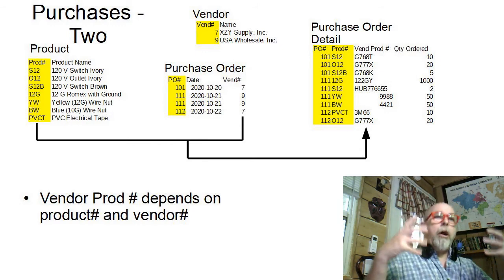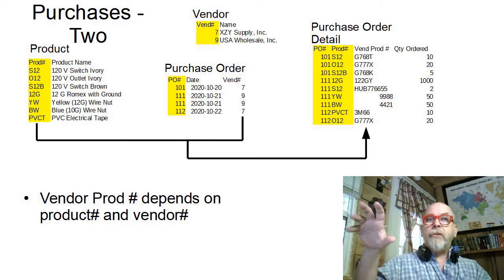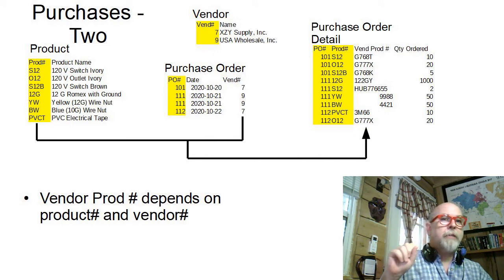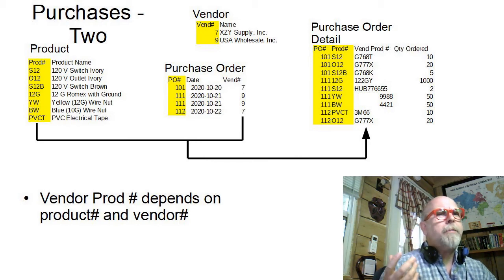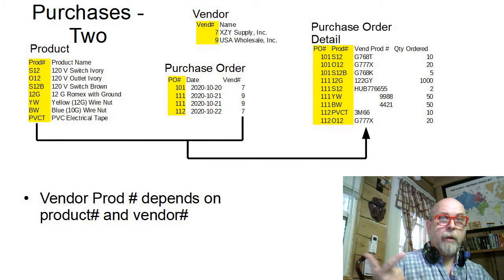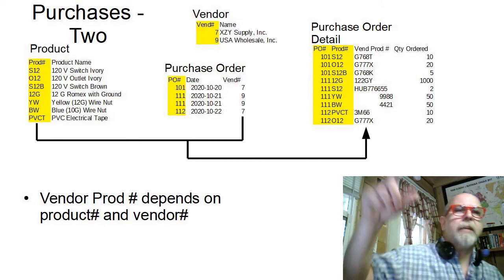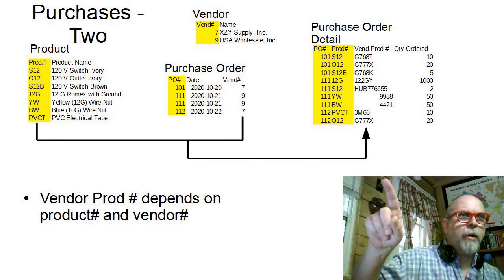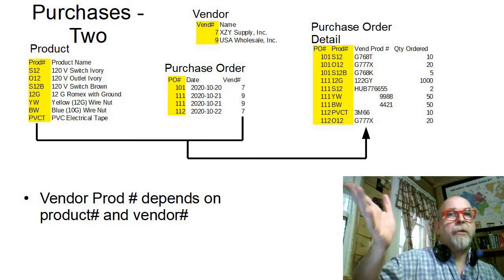So we call it this, but one vendor calls it that, another vendor calls it something else. So the vendor product number is really dependent upon the product number and the vendor number. I could have drawn that dependency to the vendor table if I'd wanted to, instead of to the vendor number in the purchase order table.